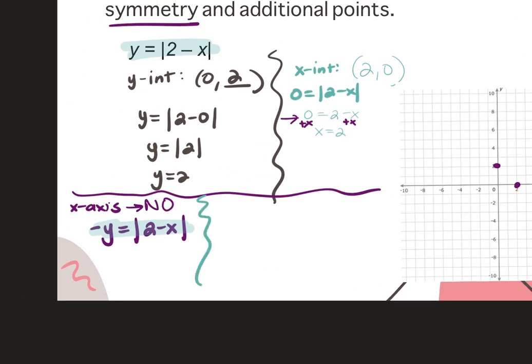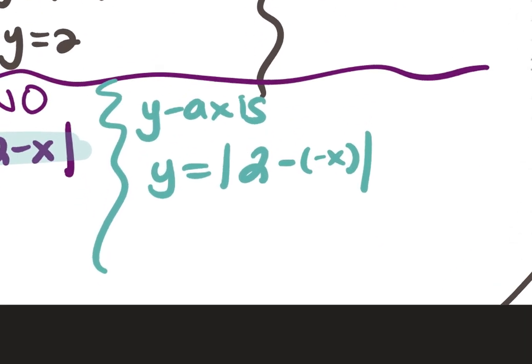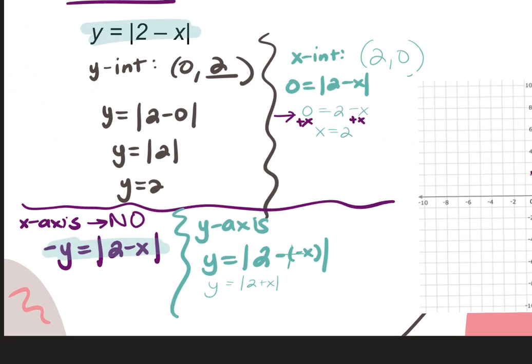Now I'm going to do y-axis. How do I do y-axis symmetry? You turn the x negative, so I get 2 minus a negative x. What is minus a negative x change to? Plus x. So now I get the absolute value of 2 plus x equals y. Does that equal the original?